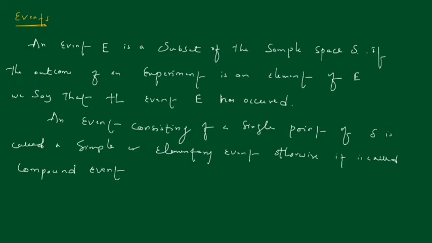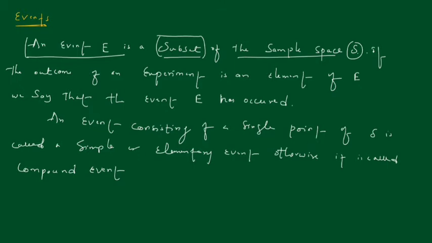So event is nothing but an event E is a subset of a sample space S. See, it is important. An event is a subset of the sample space S. E is a subset of S, right? So you can write subsets.